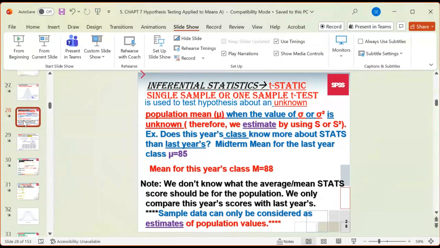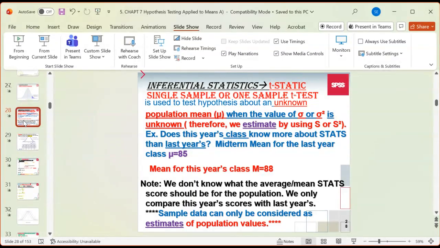If I want to conduct this research with my students, that's my research question. So I have a midterm mean for last year's class. It was 85, midterm or final, it doesn't matter. Their average was 85. The mean for this year's class, let's say your class, is 88.